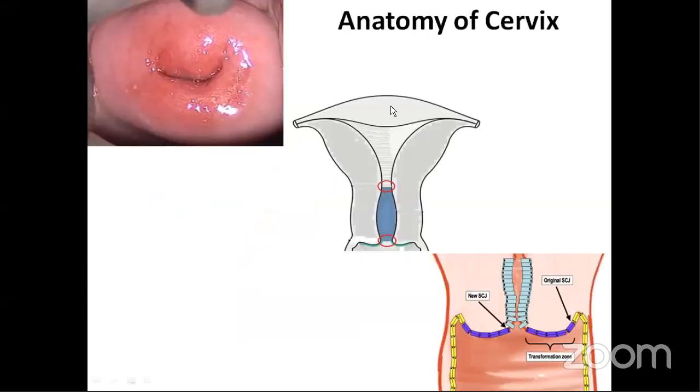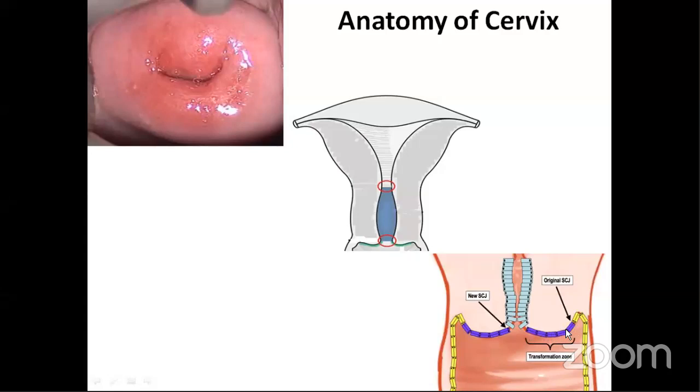So first thing is we learned the anatomy of the cervix, wherein it's a part of the lower side of the uterus. The endocervix is lined by the columnar epithelium, and the ectocervix by the squamous epithelium, and the place where they meet is called the squamocolumnar junction, and that is where the transformation zone is.